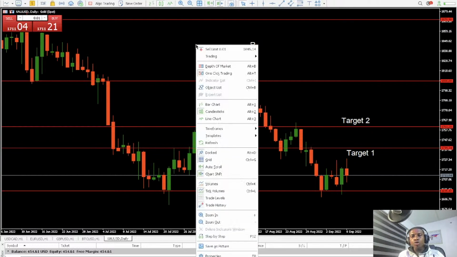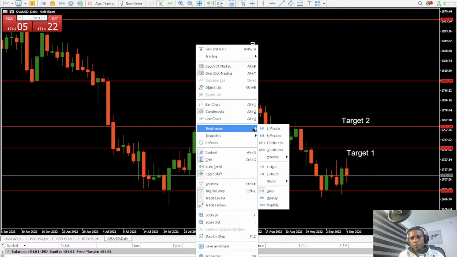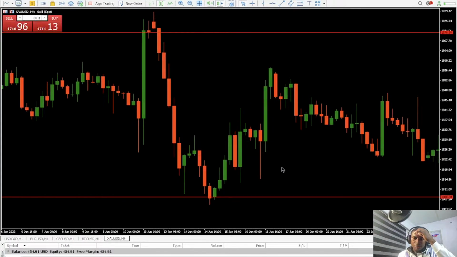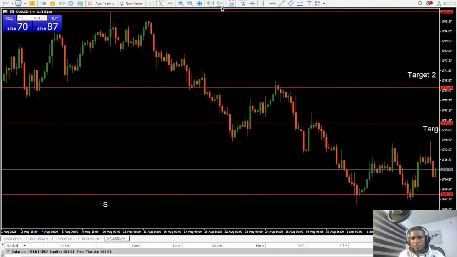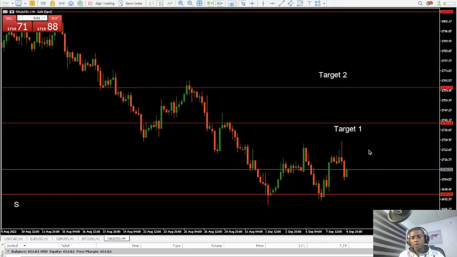Now if we go to the lower time frame, the 4 hours, we can now see clearly what is actually happening. On the daily time frame, it looks like price is rejecting in the bullish direction.